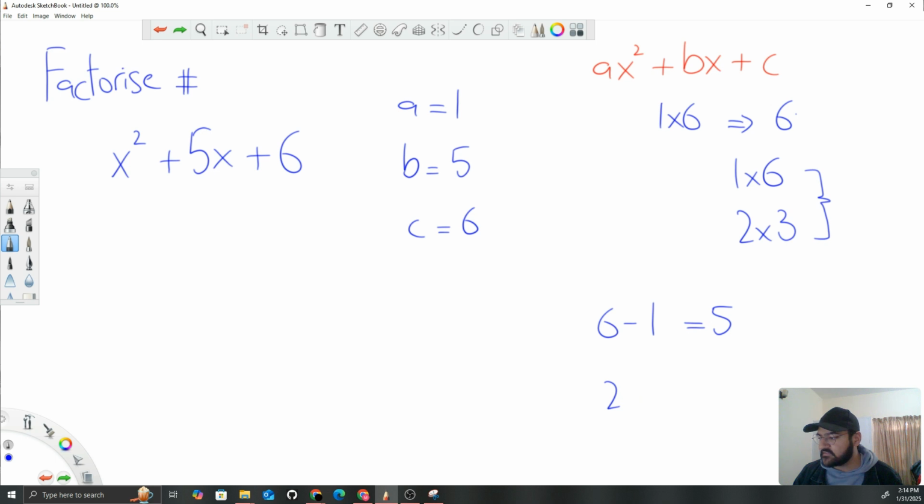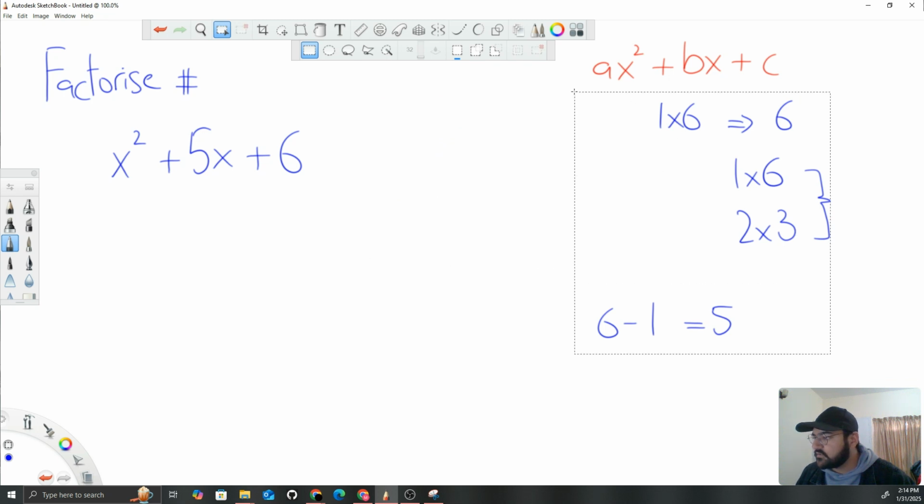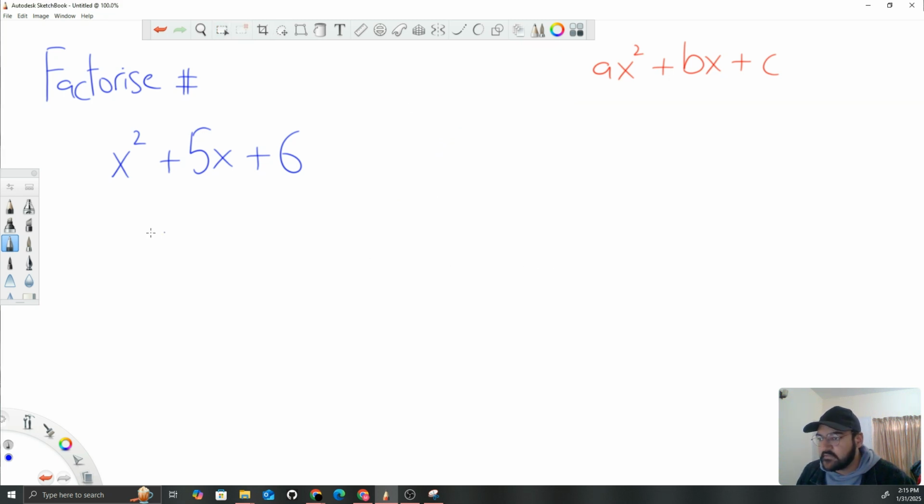What we're going to do next is break down this 5x into 3x plus 2x. So I'm going to say x squared plus 3x plus 2x plus 6. That's how we're going to do it. From the first two terms, I'm going to take x common. You can notice x is common in these two.